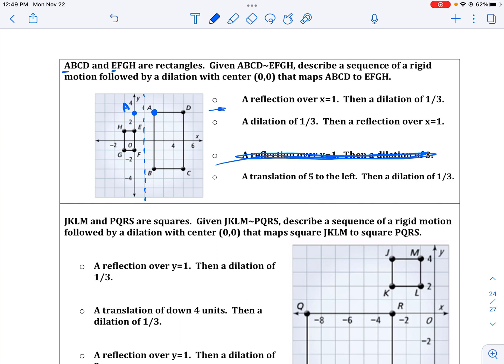There is my reflection, and that is the point 0, 3. And then a dilation of 1/3, so I have to multiply those by 1/3, and I get 0, 1, which puts me right on E. So this very first option is the correct transformation of the shapes.